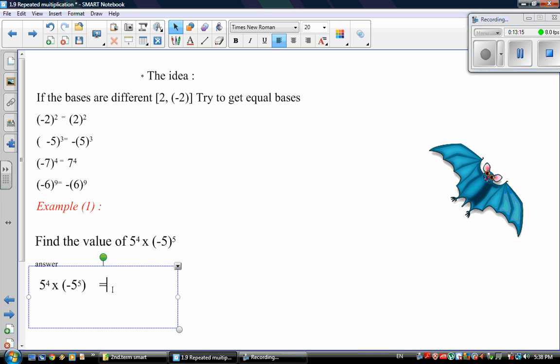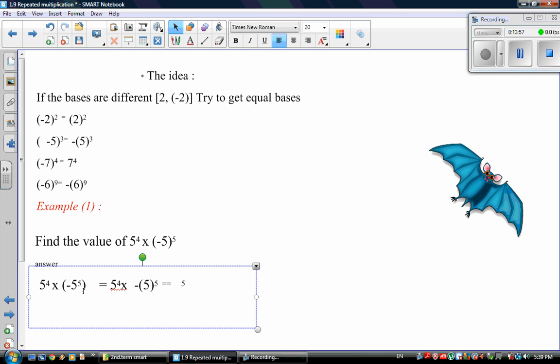So we try to get equal bases in order to add the powers. So we are going to write 5 to the power 4 multiplied by, look here, negative 5 is a negative base and the power is odd, so we can keep the sign outside the bracket and write 5 to the power 5. And this way, we get equal bases.